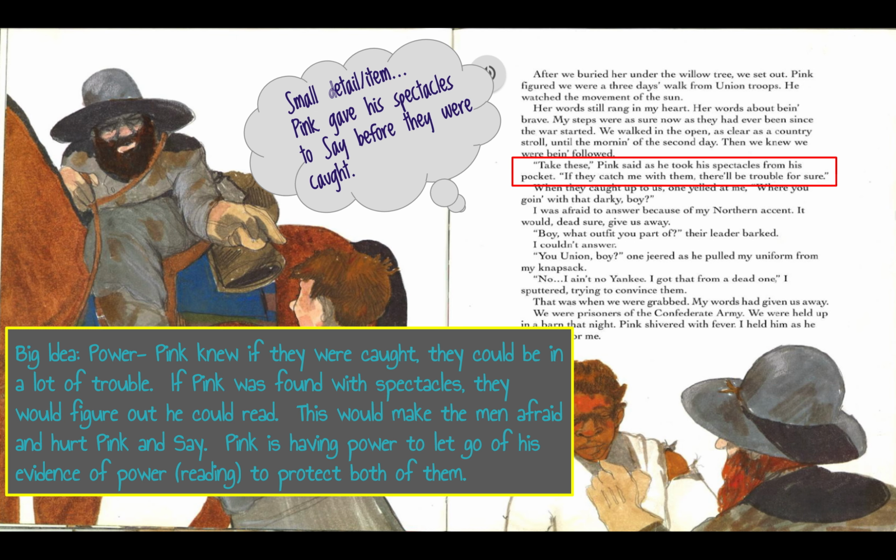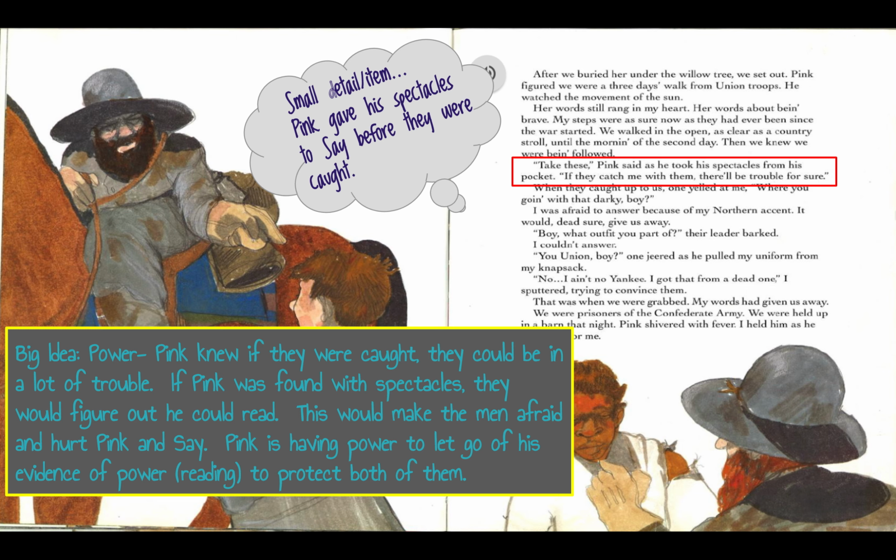All right, pushing through the text, on this page just before the boys are caught, Pink gives Say his spectacles. And he says, "If they catch me with them, there'll be trouble for sure." And right here, I'm thinking, yeah, there's definitely some courageousness here, but this is power again.